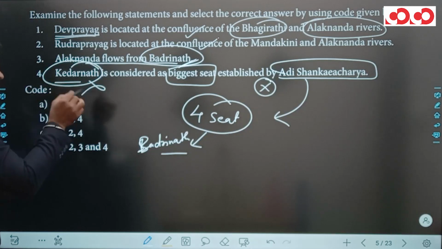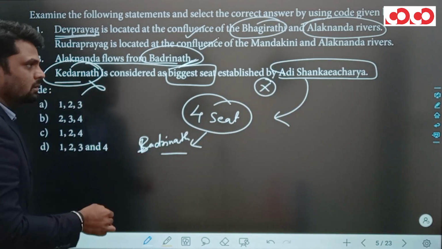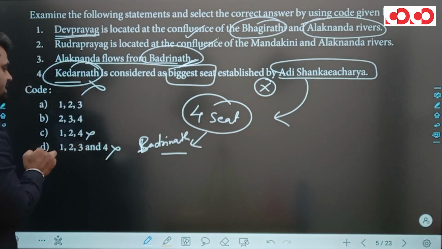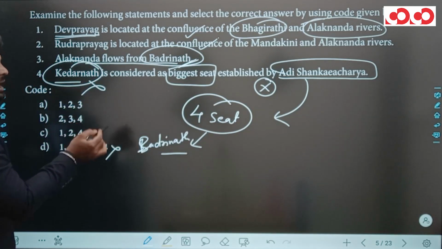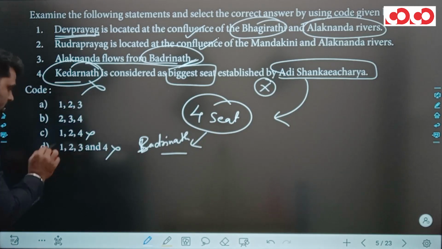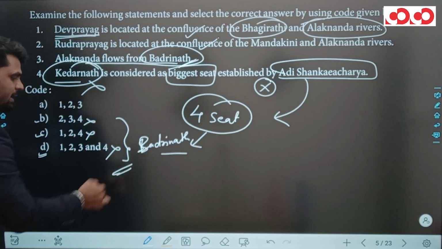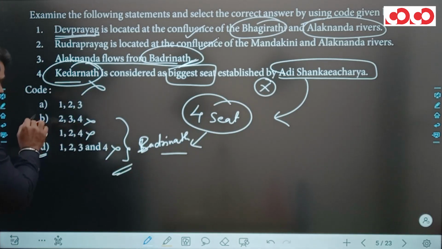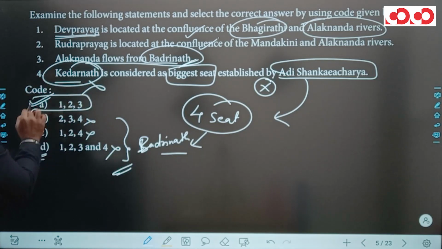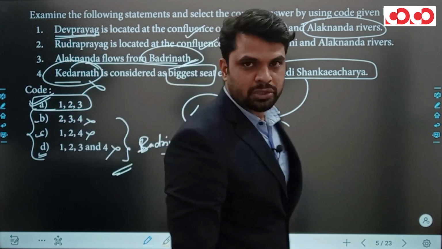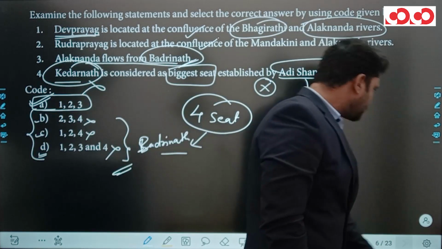Clear? So statement 4 is incorrect, and just eliminate those options which carry statement 4 as a correct statement. That is option D, option C and option B. This is the elimination method to solve MCQs, and after eliminating these 3 options you will get a single option, that is option A, and this remaining option is the correct answer of this particular question. Clear? Let's move to the next question.